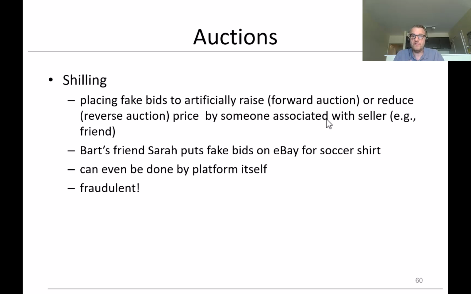It can also be reversed in a reverse auction setup, where you have an accomplice who is going to set lower prices so as to lower the price. So shilling is that you have an accomplice that helps you either boost the price in a forward auction or reduce the price in a reverse auction by putting in fake bids. It can actually be done by the platform itself, and it's usually considered fraudulent.